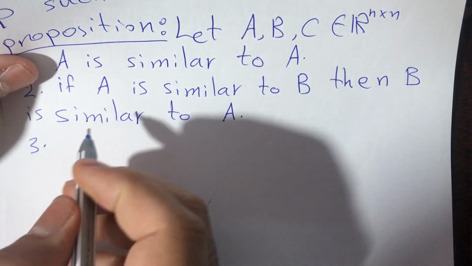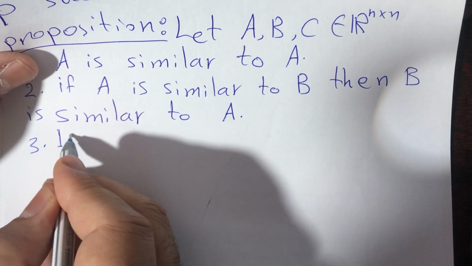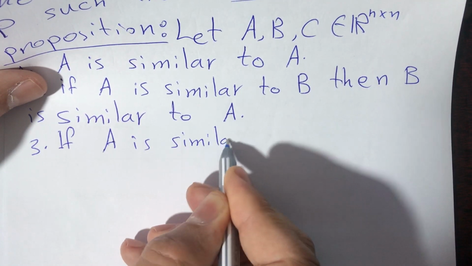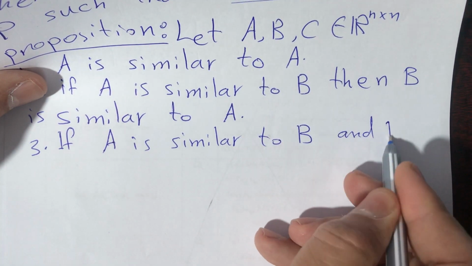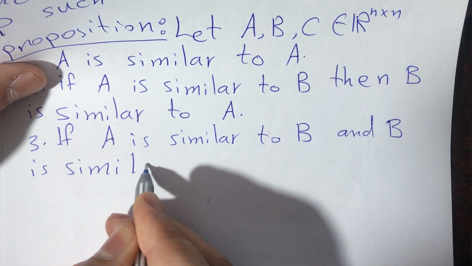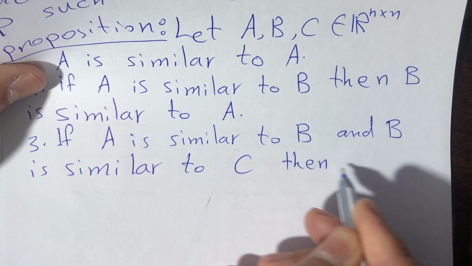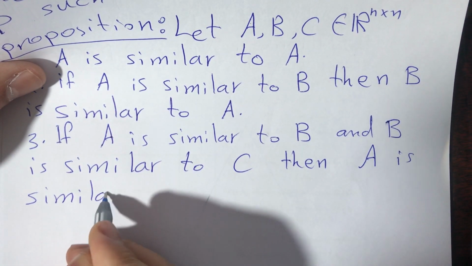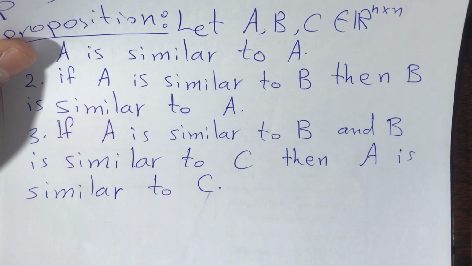Number 3: if A is similar to B and B is similar to C, then A is similar to C. This is transitive.